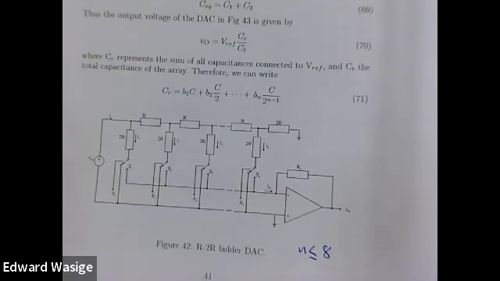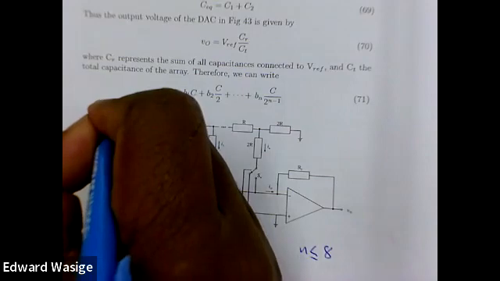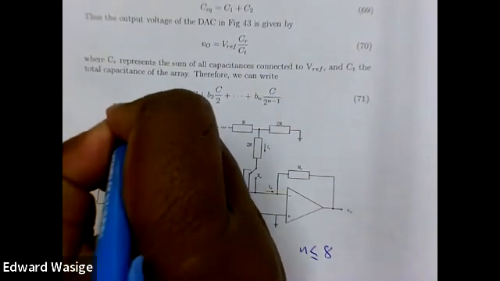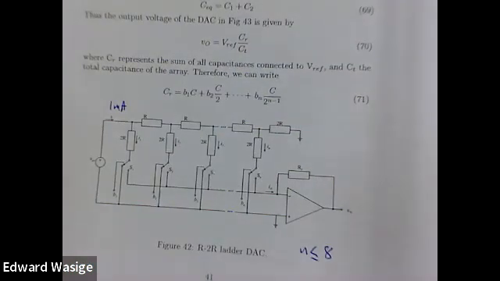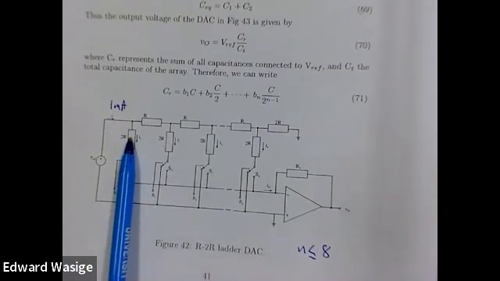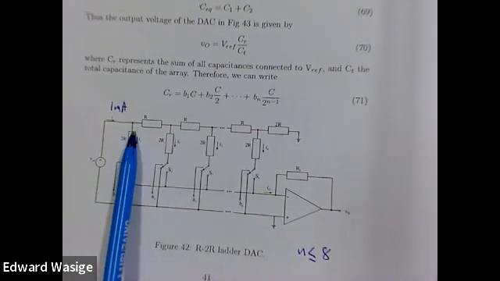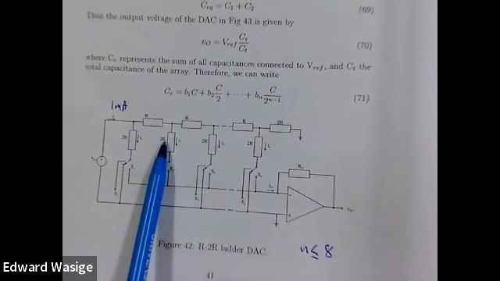And the reason for that, I'll do it with an example. If the current through here is 1 milliamp, into this branch it will be 0.5 milliamps, because half comes this way, half goes that way.